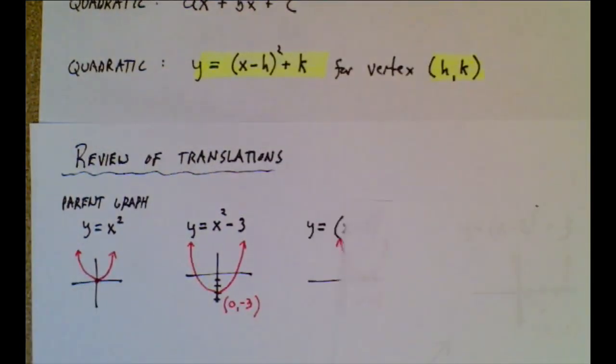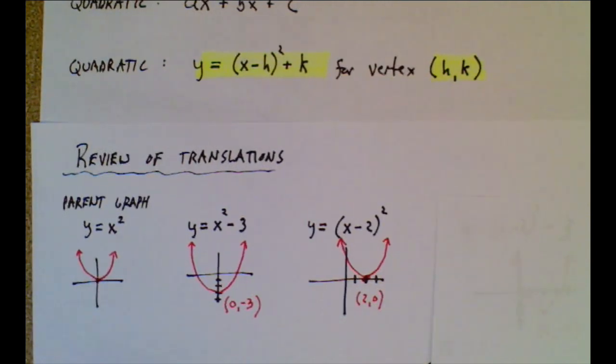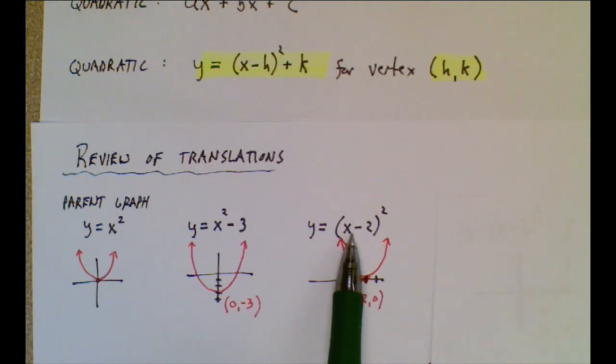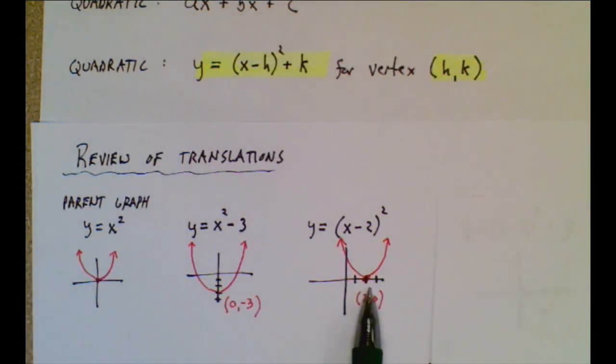Let's keep going though. If you take your parent graph and you attach this minus 2 to the x, you've now translated it 2 units to the right. That minus 2 is like the h.